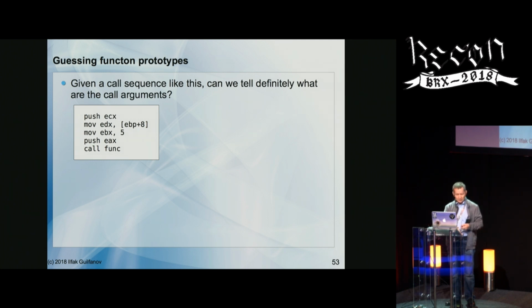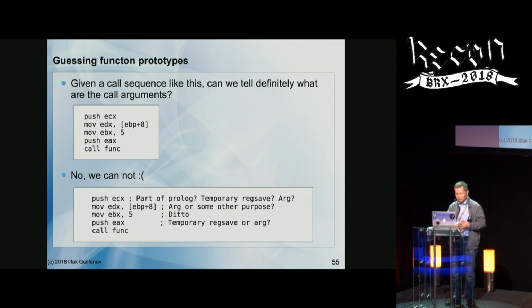The problem is that we cannot. In the general case, we cannot safely tell the function prototype because it can be anything. For example, the first push could be part of the function prologue, or a temporary register save, or an argument. And the same logic applies to all four instructions. We don't know.